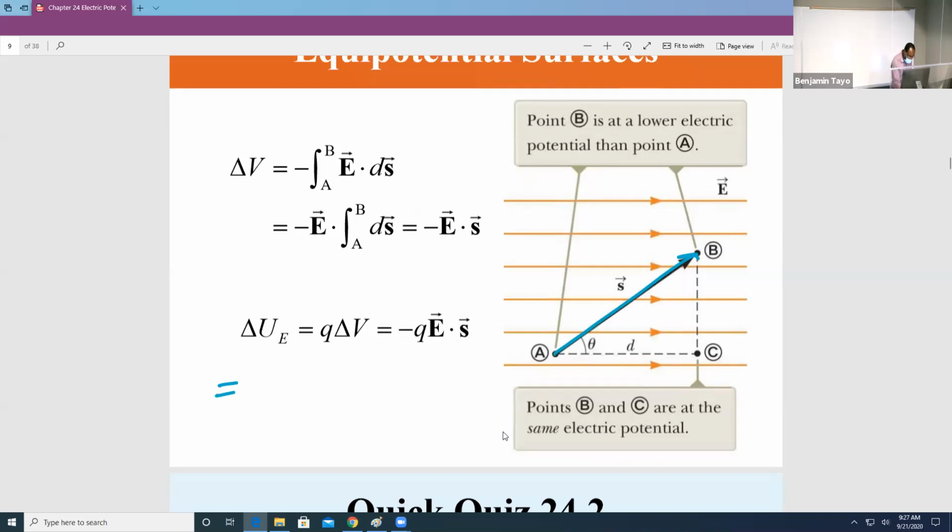Then you're going to write this equation as negative Q, magnitude of E, magnitude of displacement times the cosine of the angle, because this is the dot product. Remember that when you calculate the dot product of two vectors, it's equal to the magnitude of vector 1 times the magnitude of vector 2 times the cosine of the angle between the two vectors. Okay.